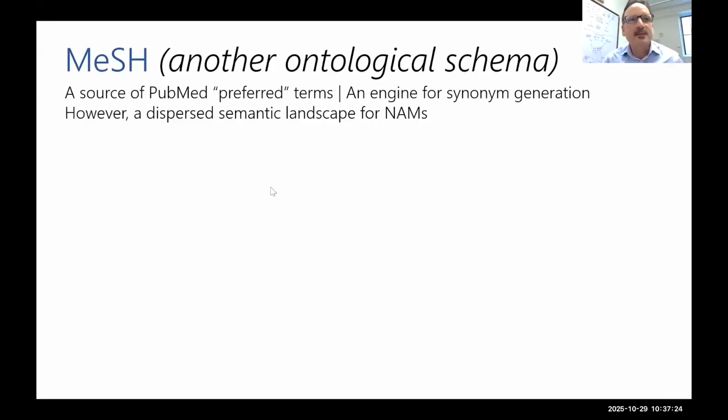So NAMs, coming along later, has to be somewhat shoehorned into this existing schema. As a consequence, it's not as clean or as easy to visualize and find as the NAMO schema, which was narrowly designed to reflect just NAMs research. And so the semantic landscape of NAMs in the MeSH database is somewhat dispersed.